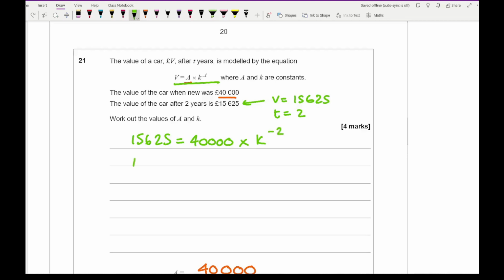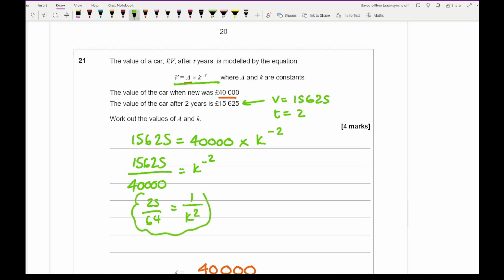Now doing a bit of rearranging, we get 15625 divided by 40,000 equals K to the power of minus 2. And if I work that out, I get 25 over 64 equals 1 over K squared.